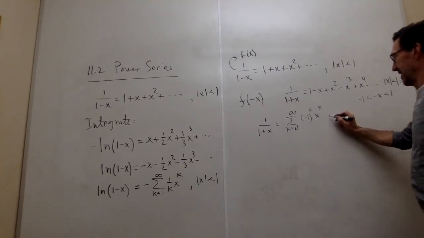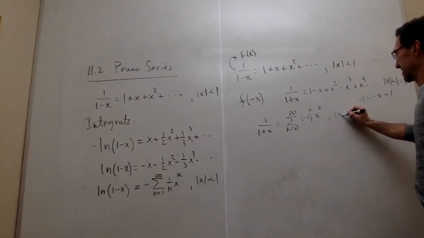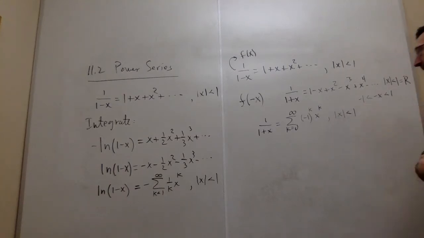And that only makes sense if x is between minus 1 and 1. Completely ridiculous outside of that interval minus 1 to 1. And for the record, it diverges at the endpoints, but we don't really care about that yet. We will in just a minute.